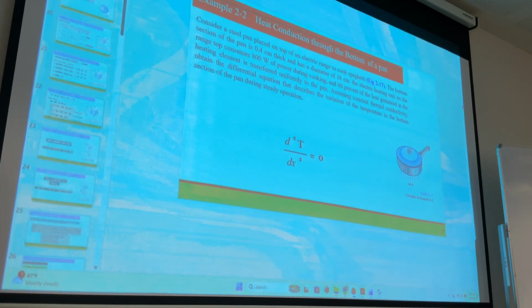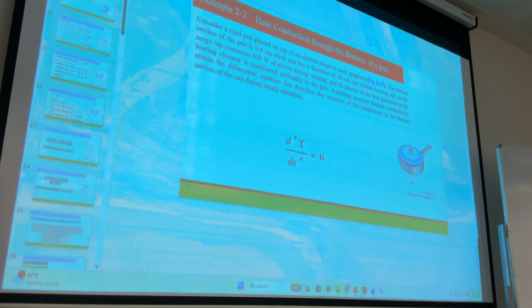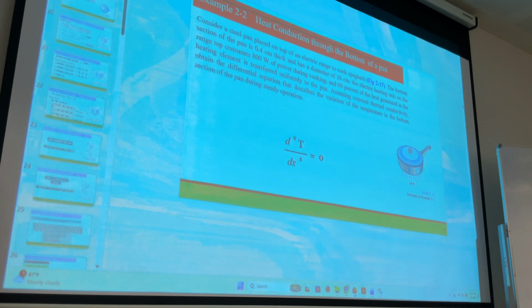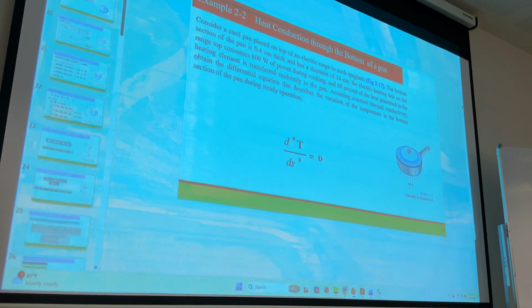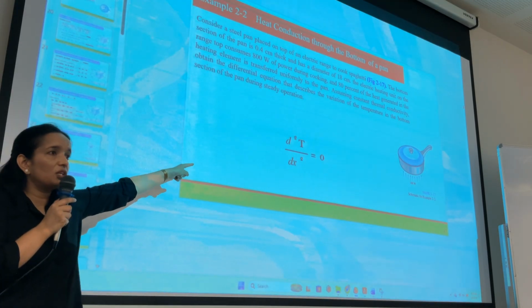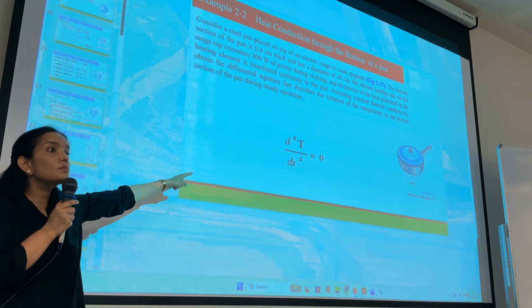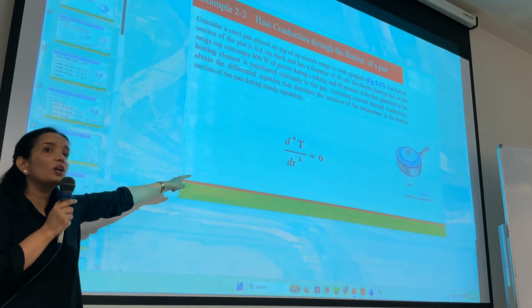This differential equation is for a plane wall or a sphere or a cylinder. I'm not asking about the question, I'm asking about this differential equation. Plane wall, right?